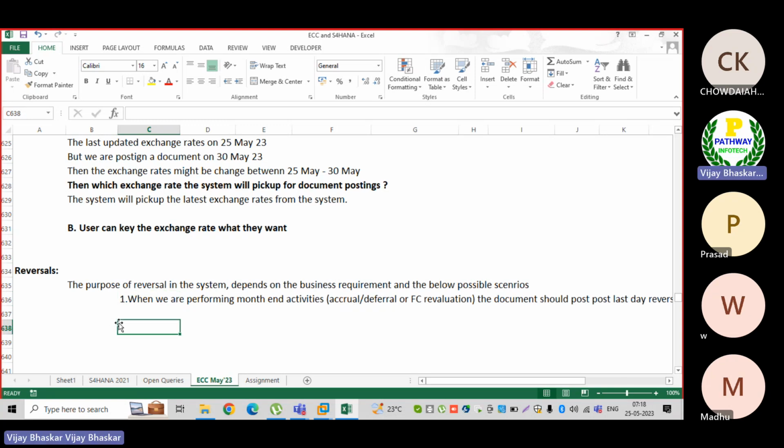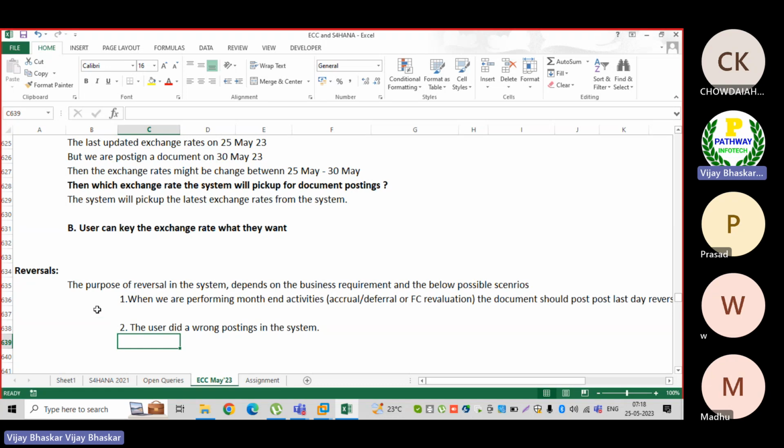The second possible scenario is that the user did a wrong posting in the system. As I have explained in the beginning sessions also, once you post the document into the SAP system, there is no option to delete the document from SAP.